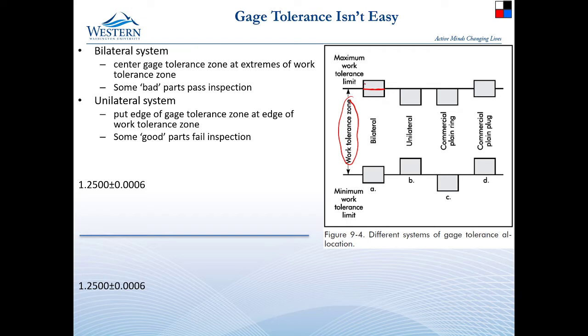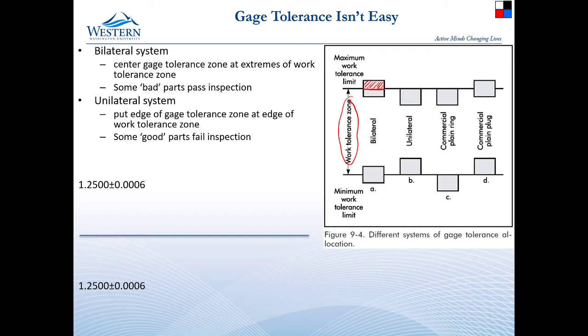But the problem is that they can get this dimension to be anywhere in this half of the box over here, and it fits what I asked them to make. However, this is now too big a gauge, and it means that I may be allowing some bad products to go down my production line.